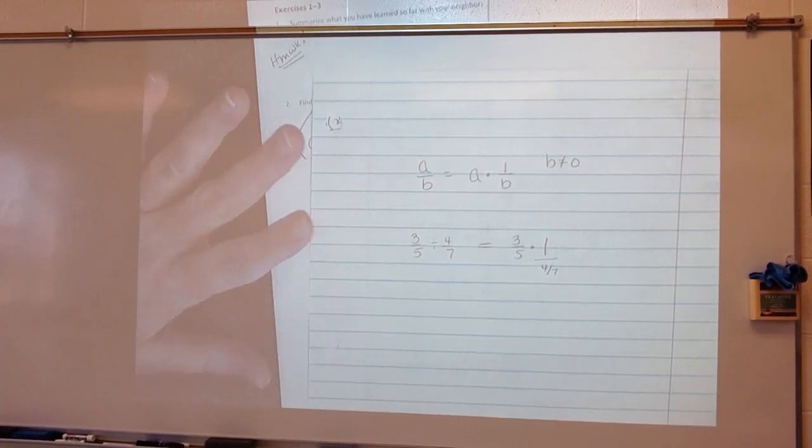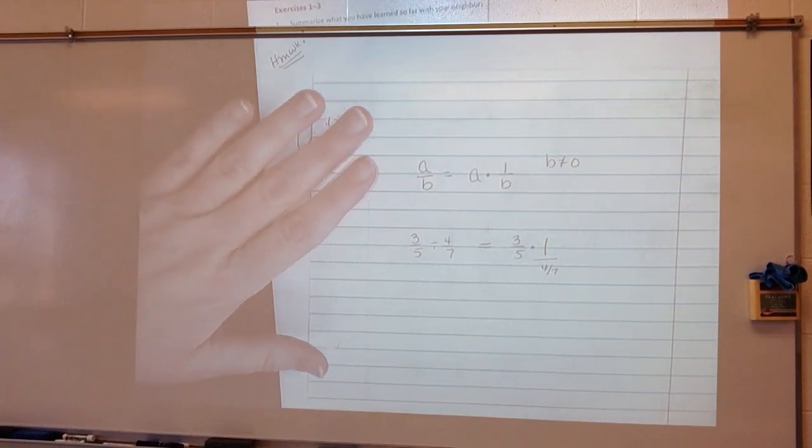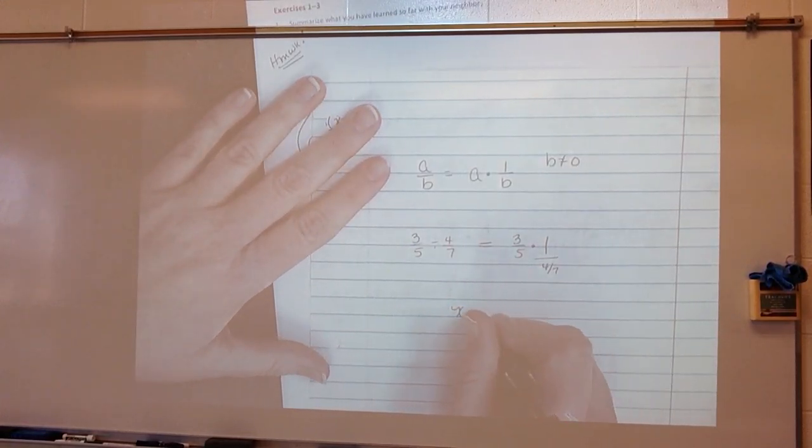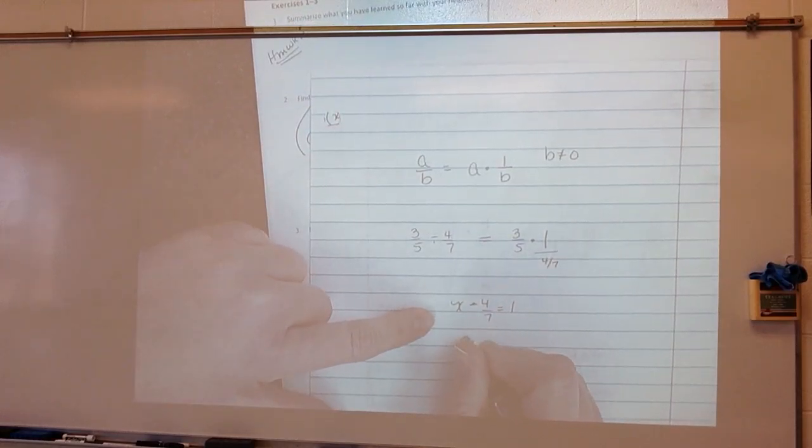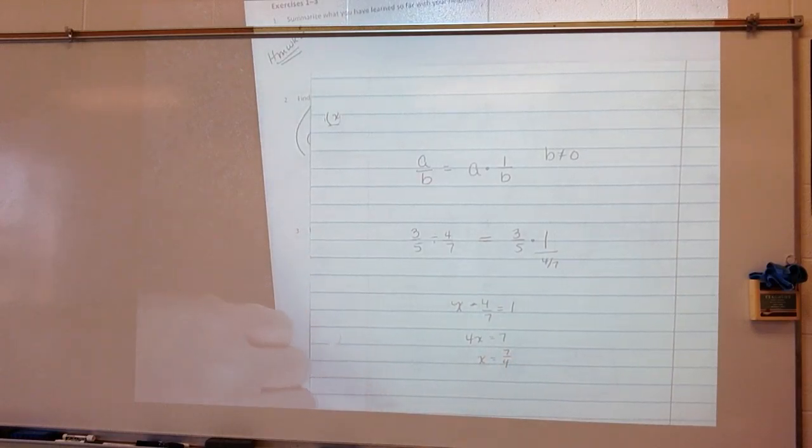But what that means is, if x times 4/7 is equal to 1, then I would get 4x is equal to 7, which means x would be equal to 7/4. So that's just showing you why we take the reciprocal of that.